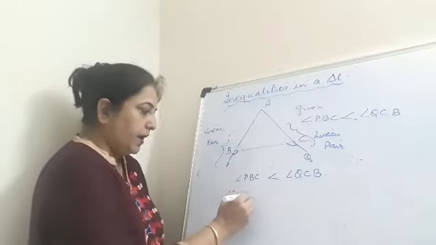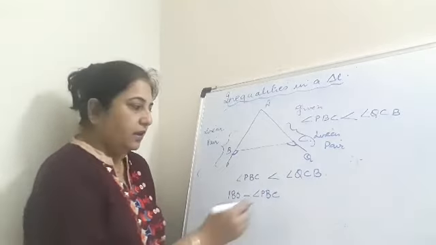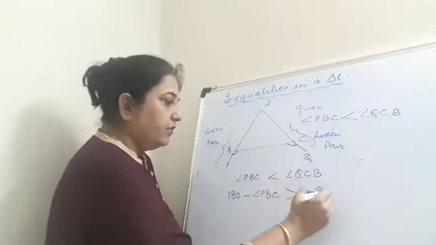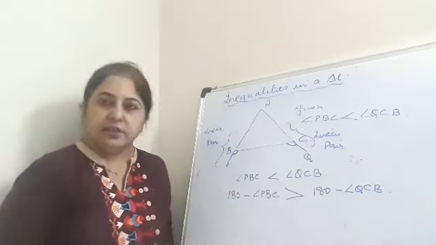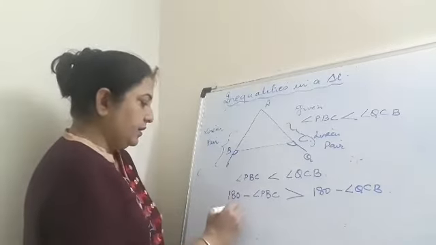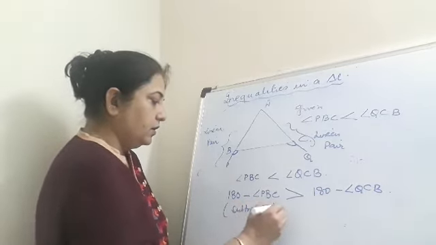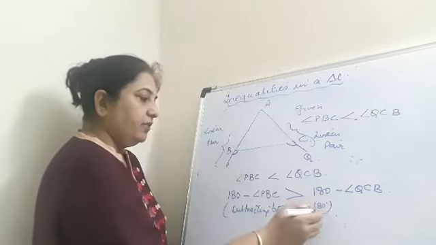Now I will write therefore 180 minus angle PBC will be greater than 180 minus angle QCB. So we are subtracting both the angles from 180. And why are we using 180?